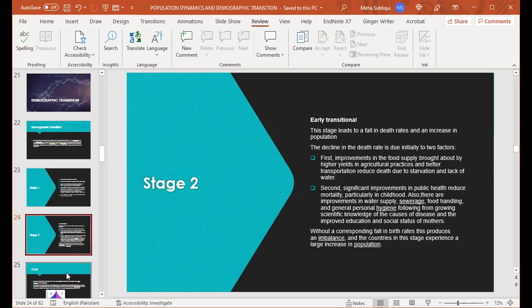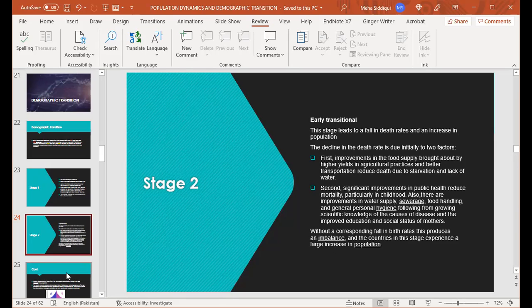Second is significant improvements in public health, reducing mortality, particularly of childhood, due to improvements in water supply, sewerage, food handling, personal hygiene, following from growing scientific knowledge of the causes of disease, and improved education and social status of mothers.